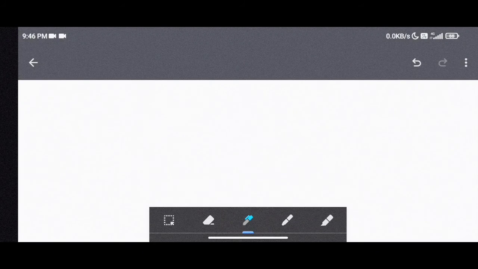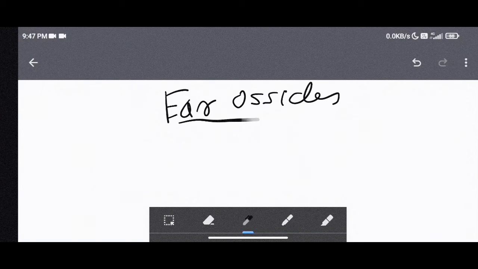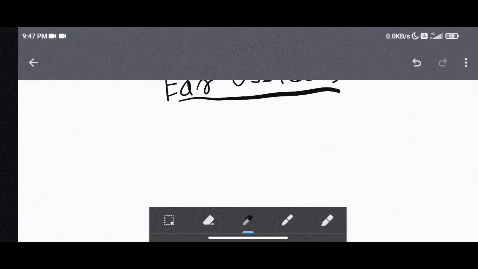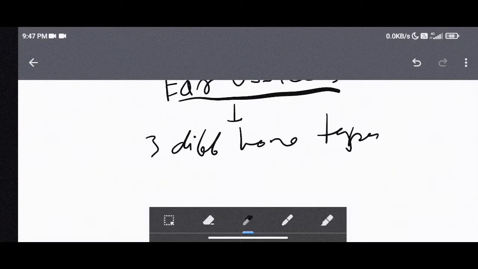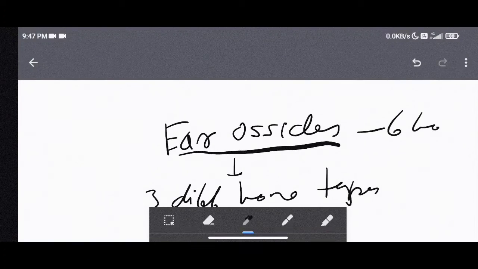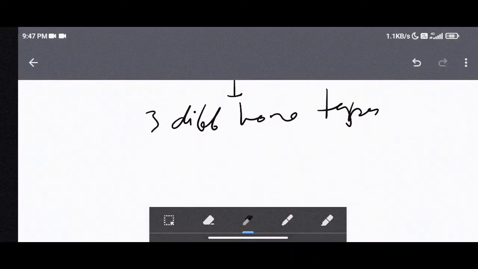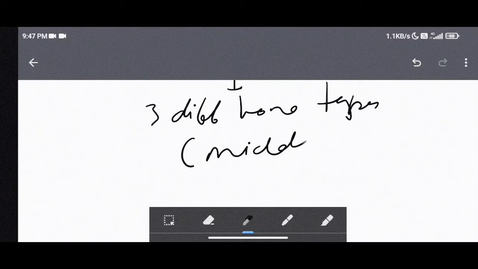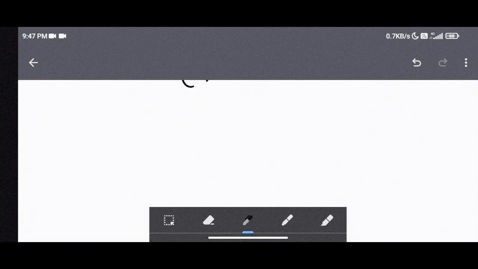The next bones are the ear ossicles. The ear ossicles have 3 different types of bones, a total of 6 bones, and all are located in the middle ear. The first is the incus, which is 2.